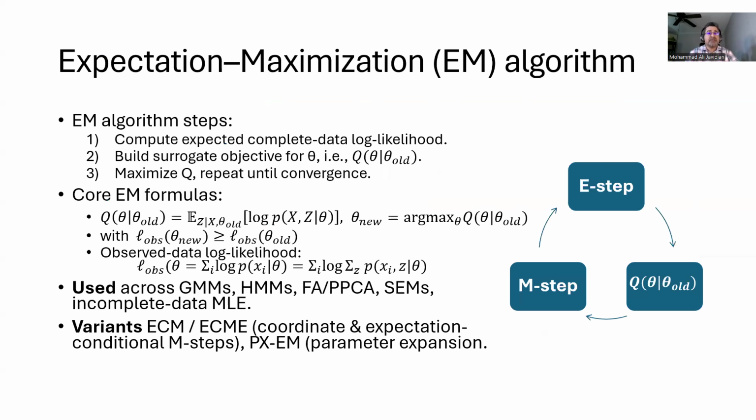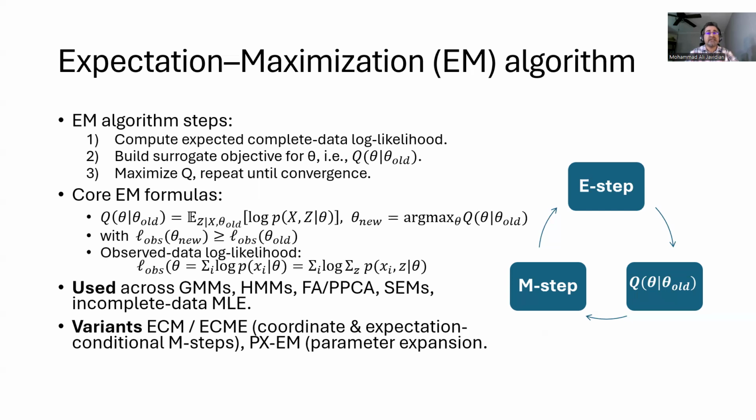In the E step, we fill in missing parts with their expected values under current parameters. In the M step, we maximize the expected complete data log likelihood. This alternation makes learning with missing data practical, and it monotonically increases the observed likelihood.